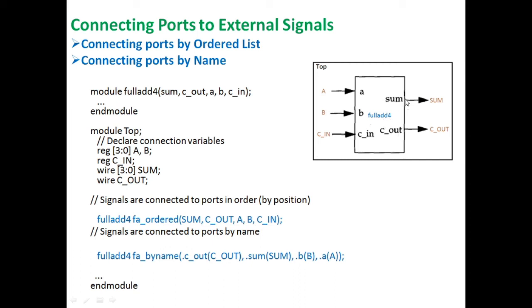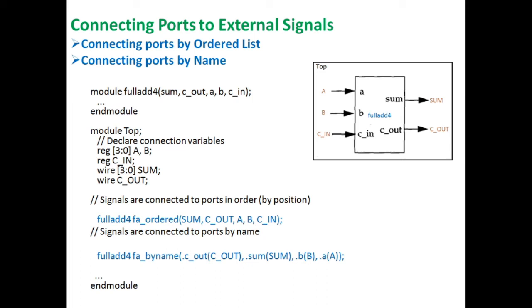So through these output ports, the external signals will be collecting the outputs, and it will verify the functionality of the circuit. So ports can be connected here, like instantiated, I can say. The ports can be instantiated through the ordered list and through the names.